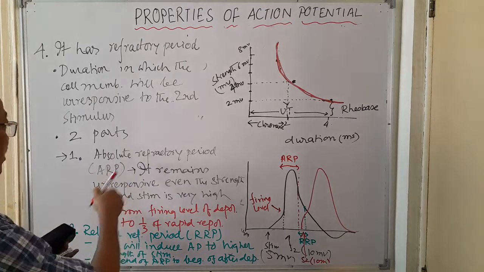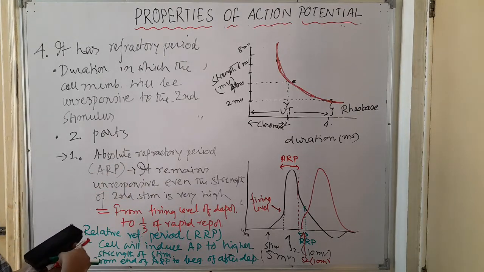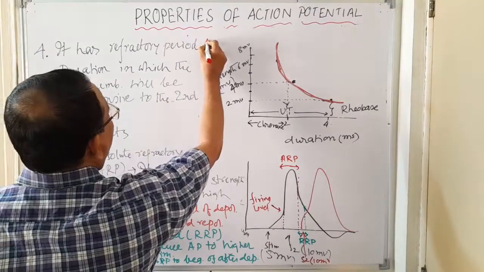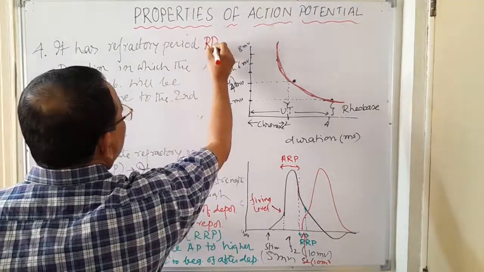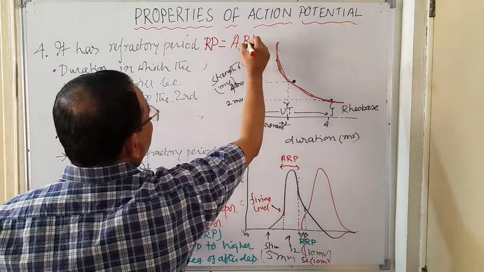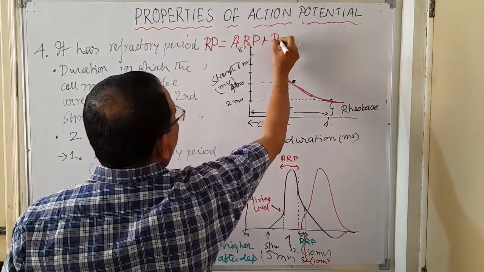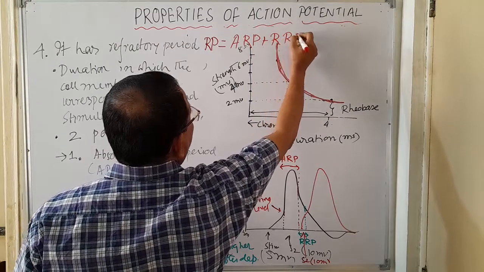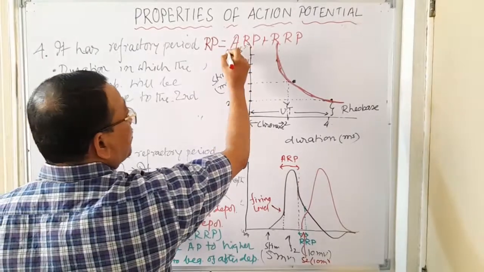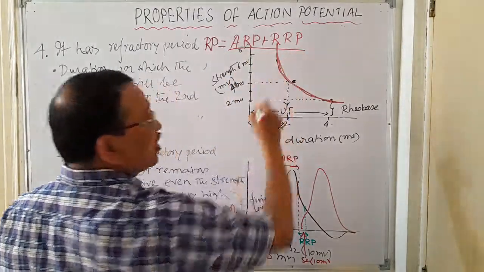So the refractory period, RP, is equal to the absolute refractory period plus the relative refractory period.